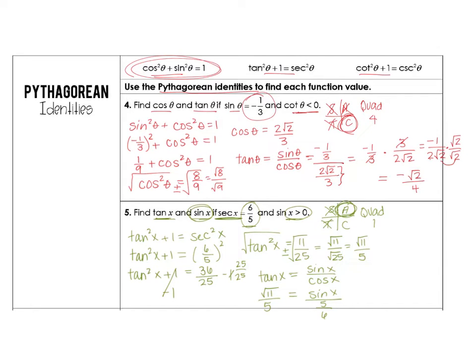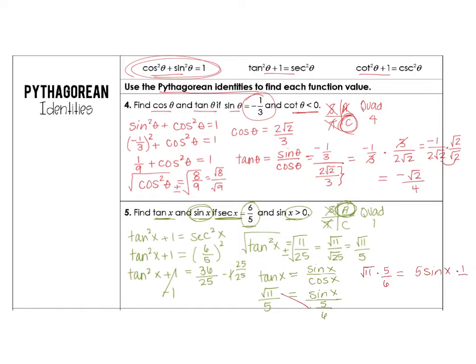Now we can do some cross multiplying, and so if we do that, we have square root of 11 times 5 over 6 equals 5 times sine of x.